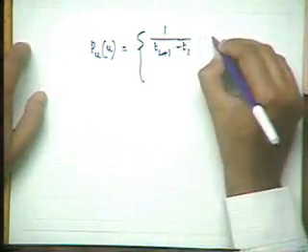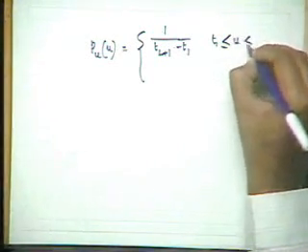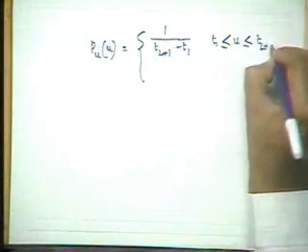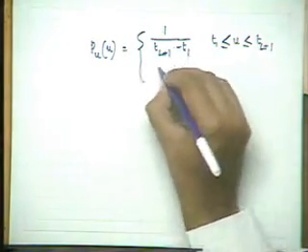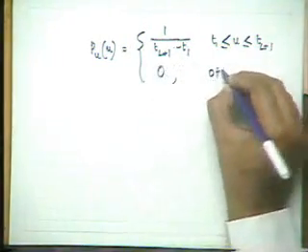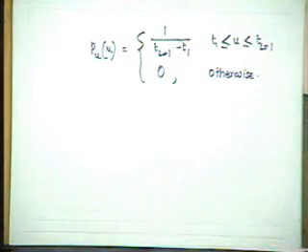This is when u lies between T1 and TL plus 1, and it is 0 otherwise. So this is our probability density function. Agreed?